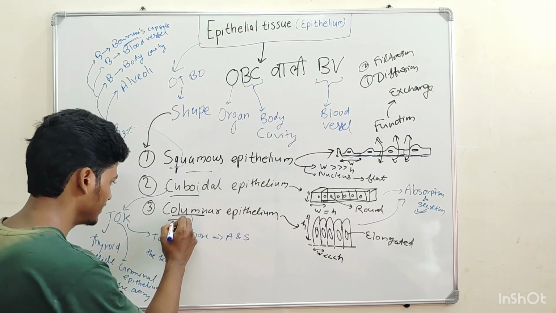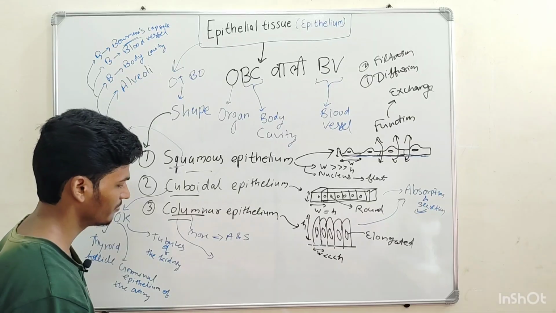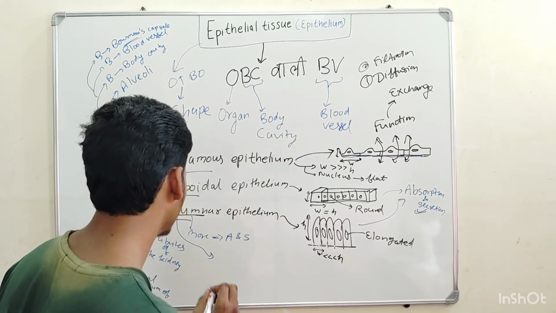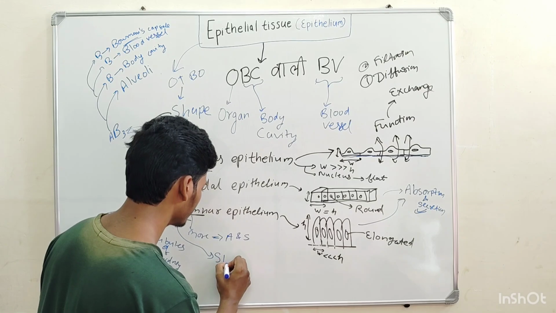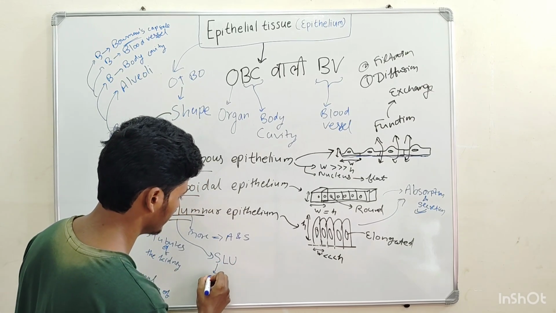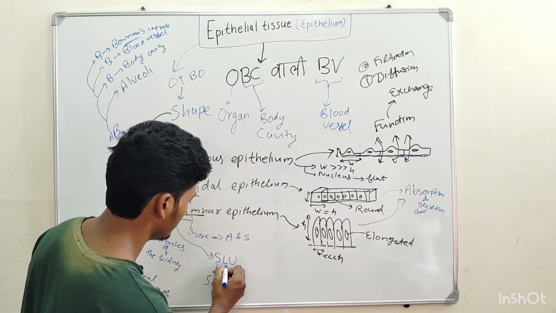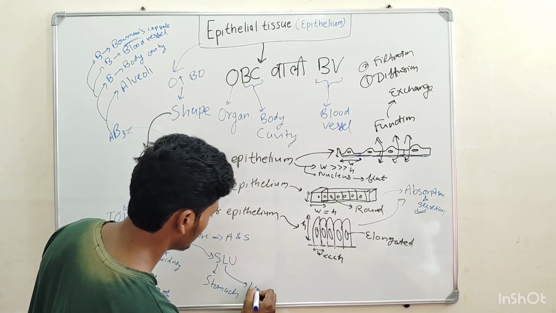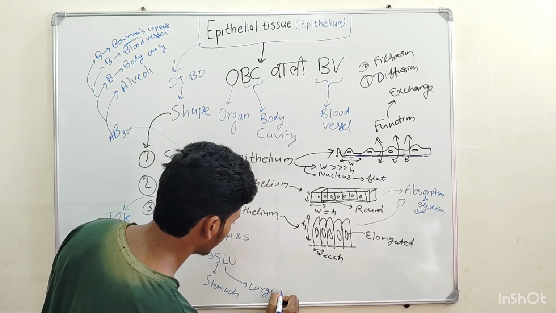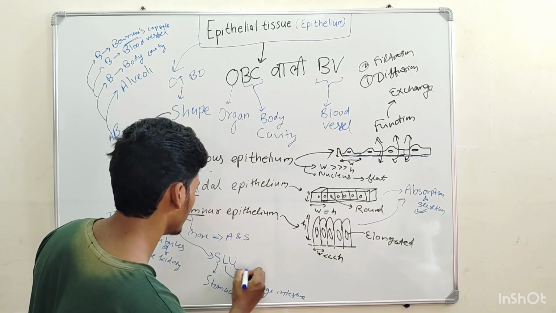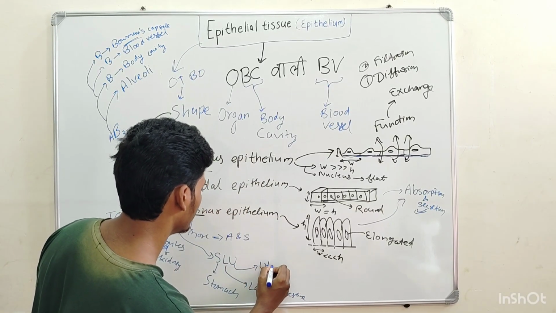And next is columnar. Columnar epithelium, you can easily remember from SLU. S for stomach, L for large intestine, and U for uterus.